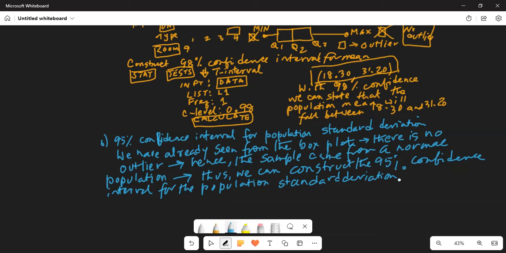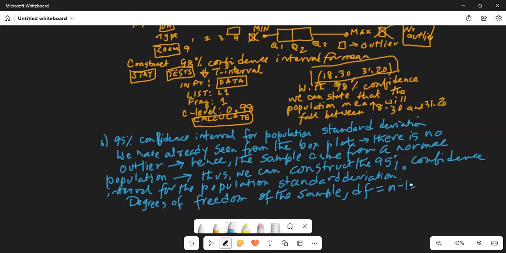Now to construct the confidence interval for the population standard deviation, we need degrees of freedom of the sample, which is given by df equals n minus 1.